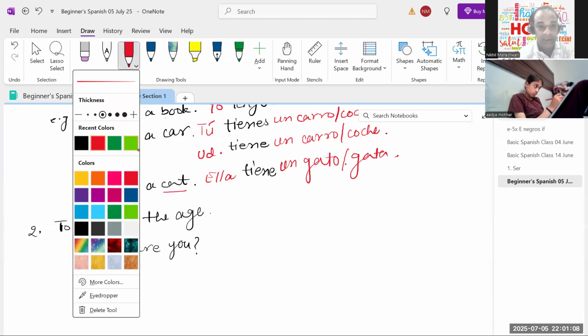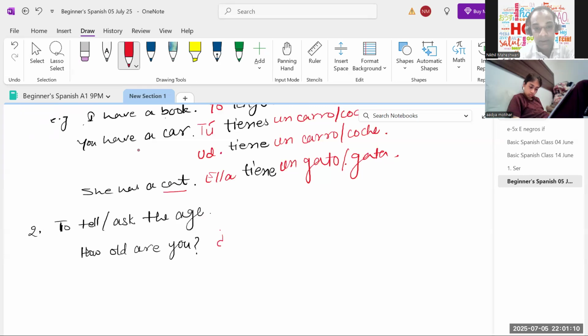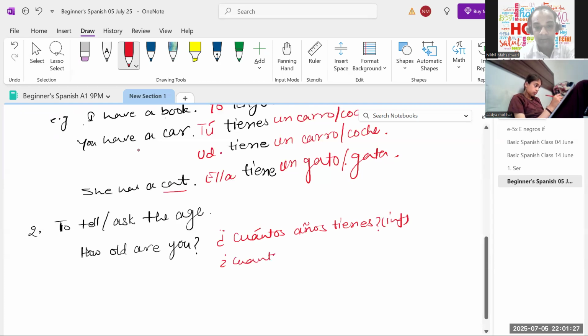And the Spanish translation becomes, ¿cuántos años tienes? if this is informal. ¿Cuántos años tiene? if this is formal.